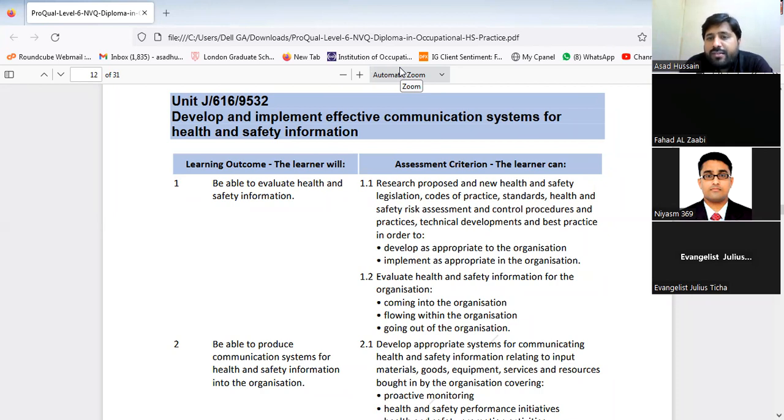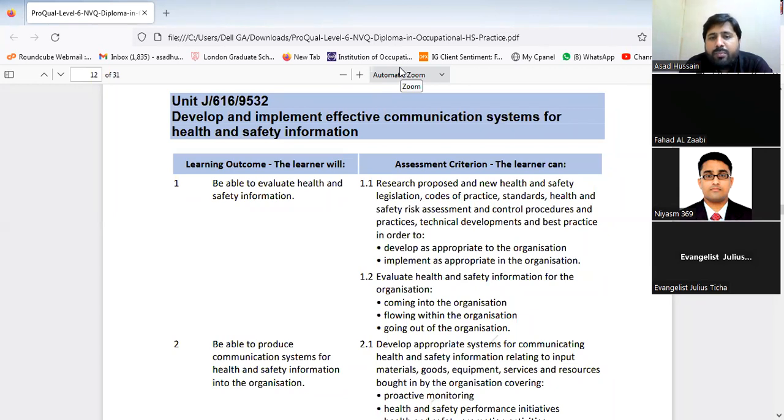But when it comes to researching, what I have discussed is according to the UK standards and laws. If you have a proper system in your country or area where you are working, then you can also add that type of information as evidence too.